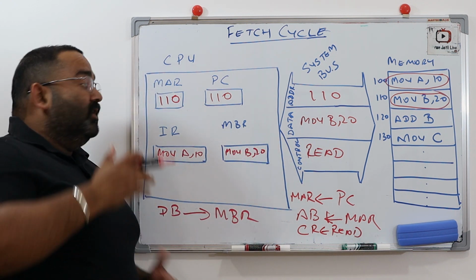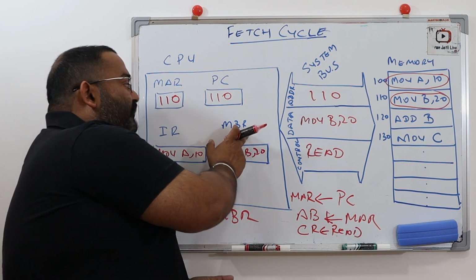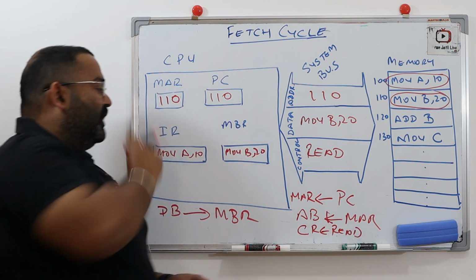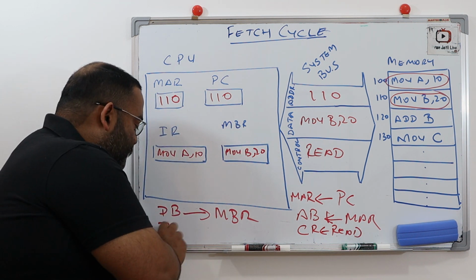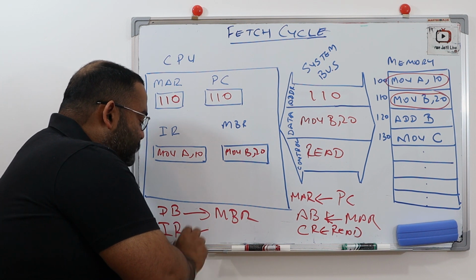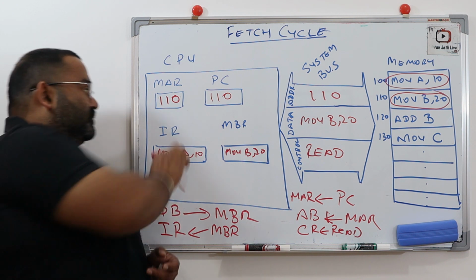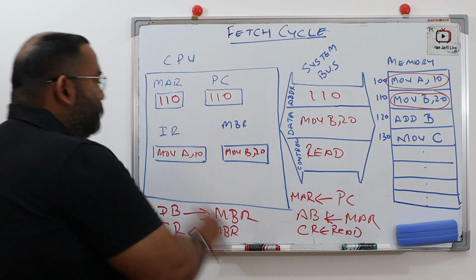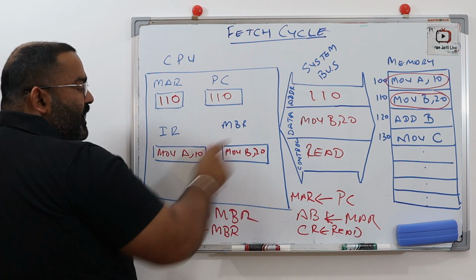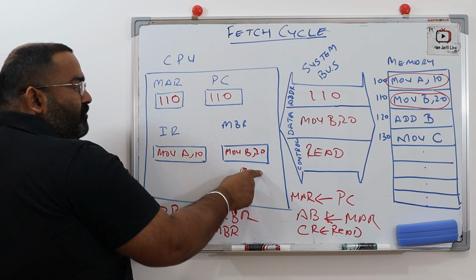Then what do we do? Load the contents of MBR to IR. Whatever is in MBR, you copy it to IR. So this is the old value, and now we put the new value into IR from MBR.